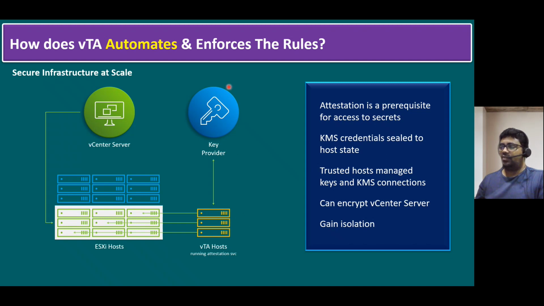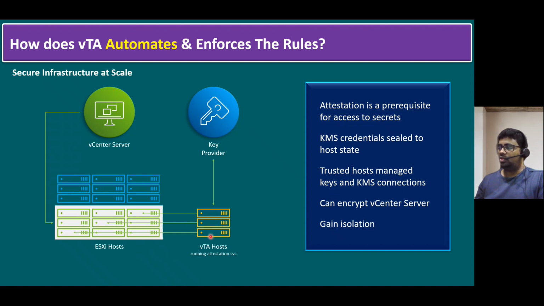Okay, during that time we have to configure the key provider with these servers' information, and it will help us to protect all our ESXi hosts. That point is what I've written here. Attestation is a prerequisite for access to secrets, and a KMS credential sealed to host state. Okay, that is sealed here, with trusted host managed keys and KMS connection.